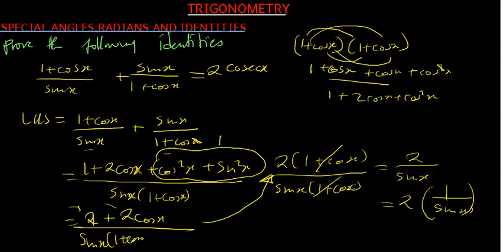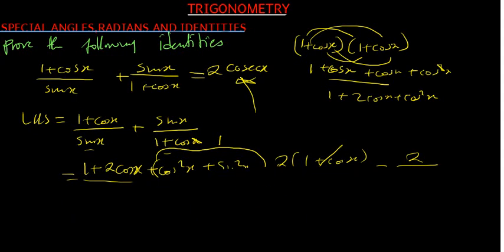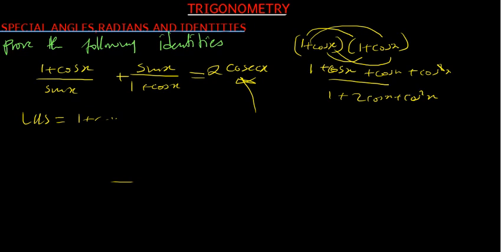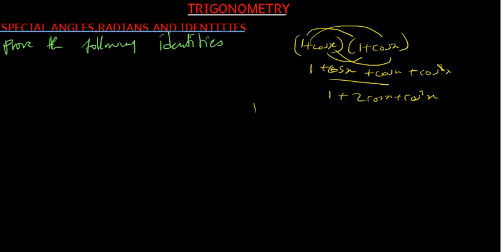Okay. Now we know that 1 over sin x is cosec x. So we can see that we have shown. So we write hence shown or hence proven. Alright, let's look at another problem. We see what we are able to do.